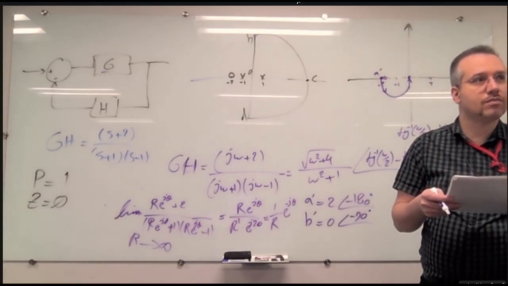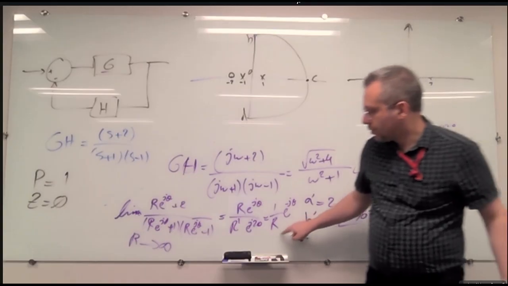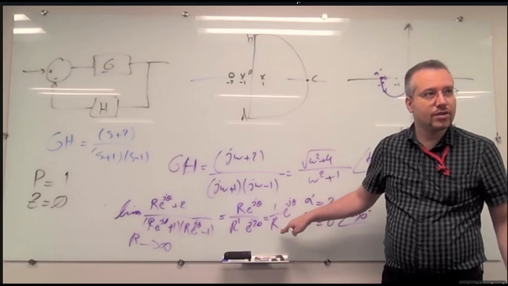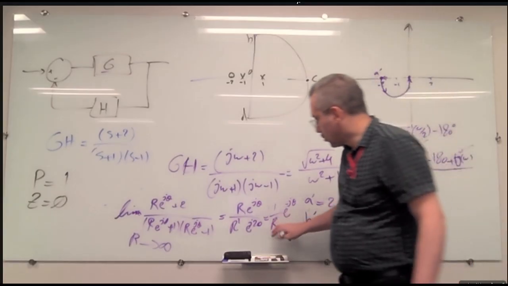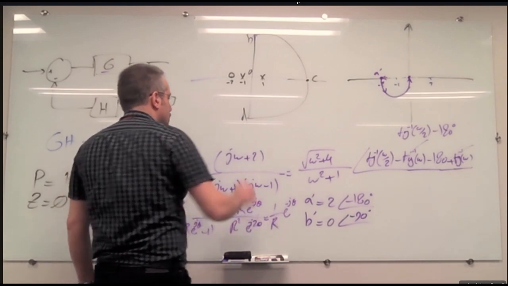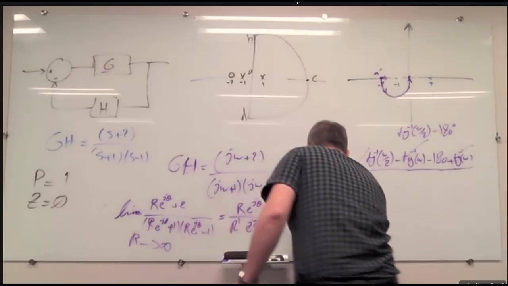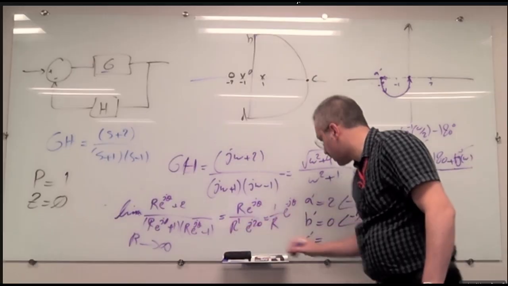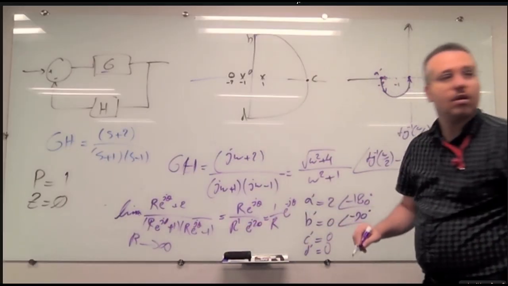Are we good? You know what happened here, right? Is that clear? So, put r going from 0 to infinity, all the amplitude for C prime and D prime, if it goes to infinity, is going to be 0. Are we good?